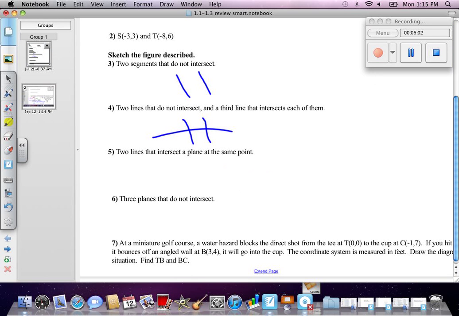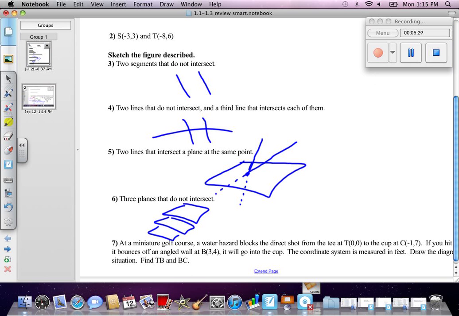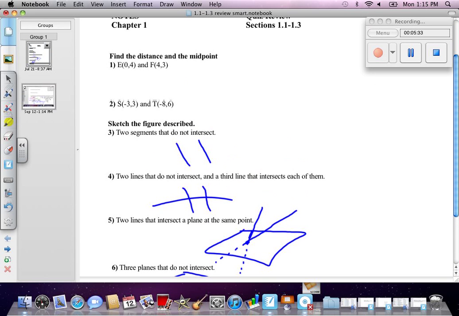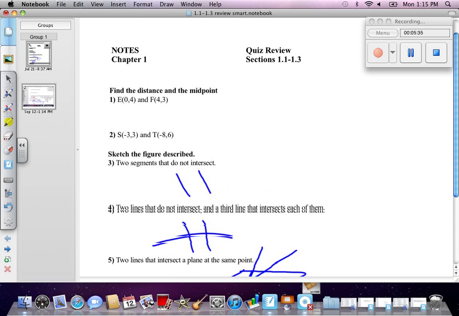Draw a plane, and we've got 1 coming out, and then we've got 1 coming out. 3 planes that do not intersect, I kind of make it 3 pieces of paper look like they're stacked on top of each other. I think most of those you can do as long as you think about them.